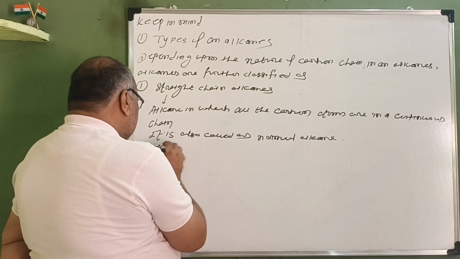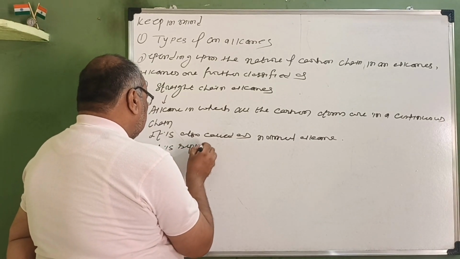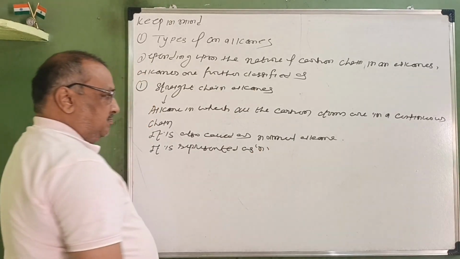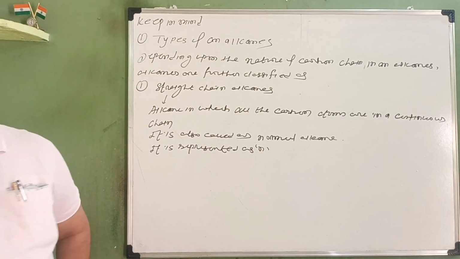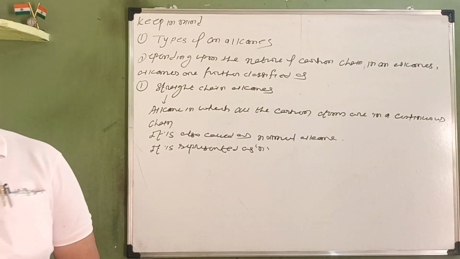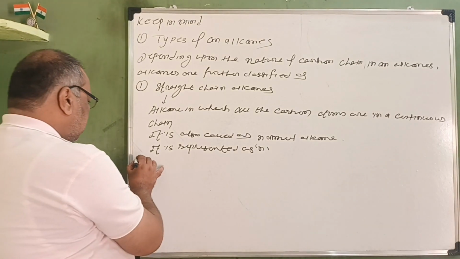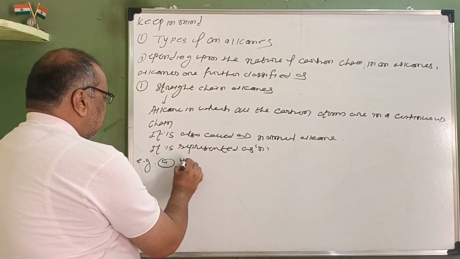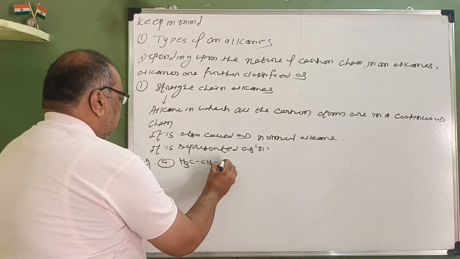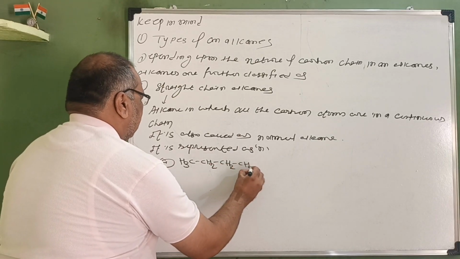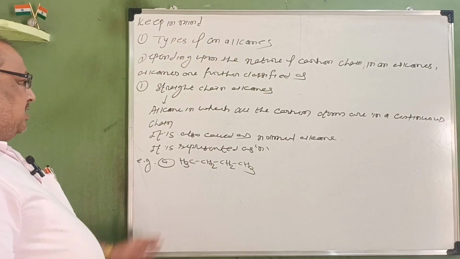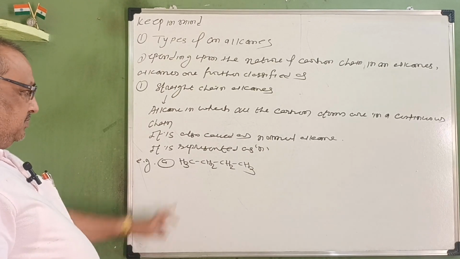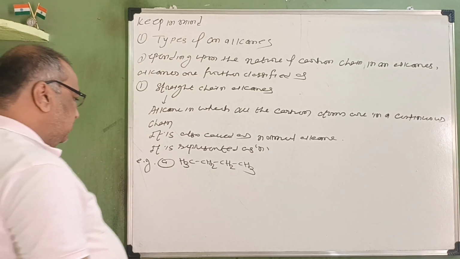It is represented as n. Example: now here all the carbon atoms are in a continuous chain, so it is a straight chain alkane. How many carbon atoms are there? 4.